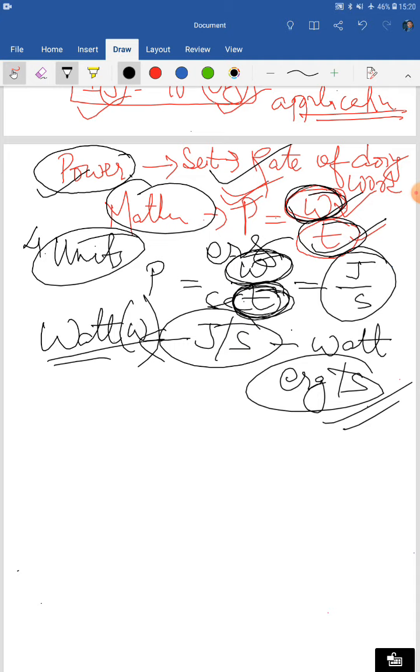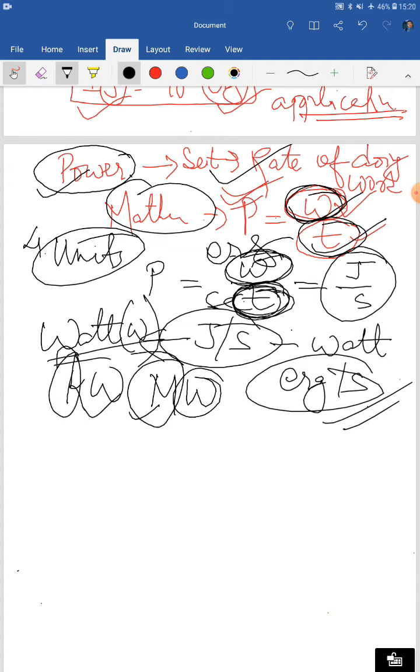Okay, similarly you have to learn about bigger units also, which we have been learning: kilo, mega, giga. So kilowatt, you have bigger units. Then you have megawatt. See the difference in how I have written: kilowatt, small k, capital W; megawatt, capital M, small w; and gigawatt.